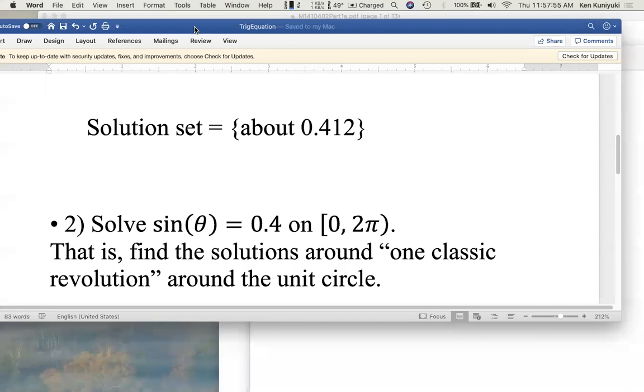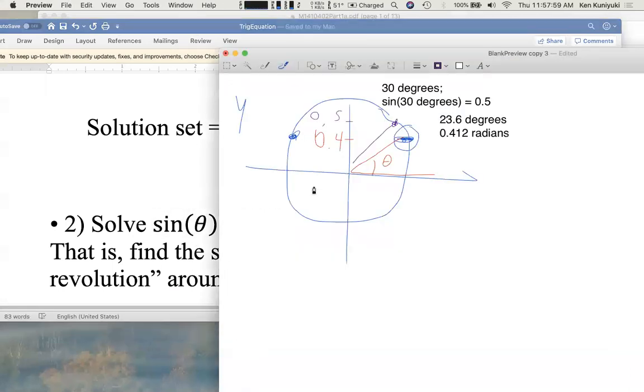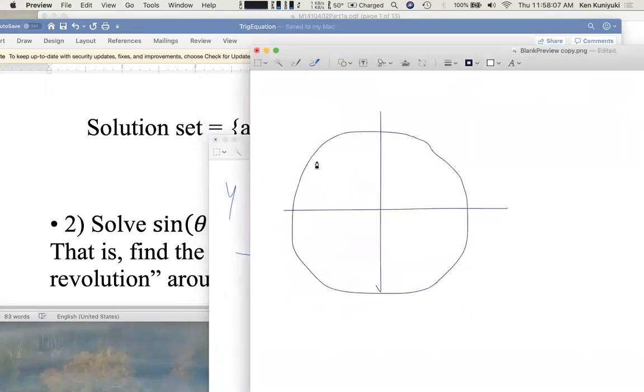Now, again, we want to find angles whose sine value is 0.4. And actually, I can appeal to this picture back here. Again, we're looking for 2 points whose y-coordinate is 0.4.